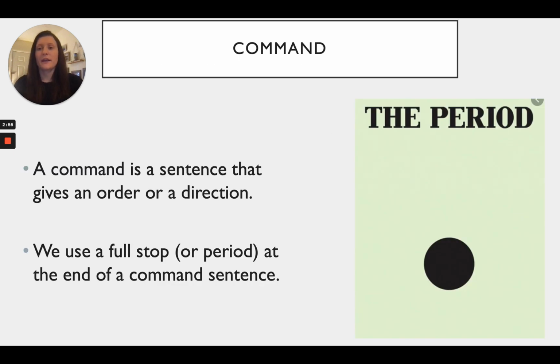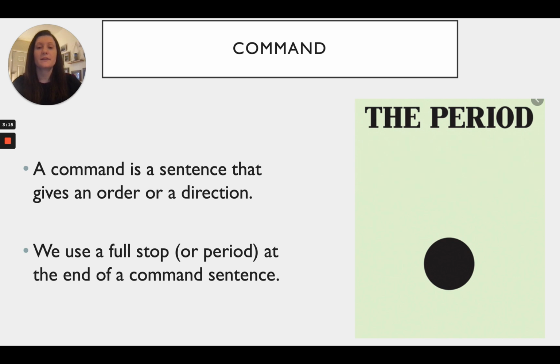All right, next up we have the command sentence. A command is a sentence that gives us an order or a direction. And for command sentences, we again use a full stop or a period at the end.